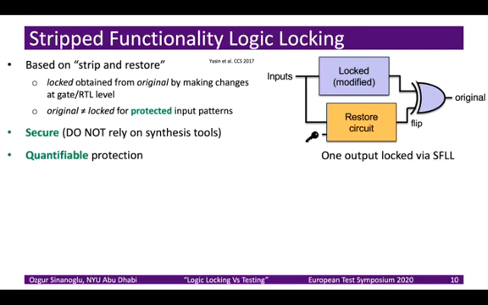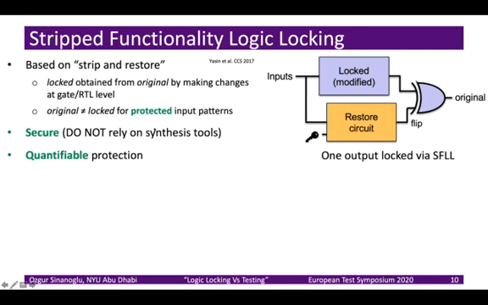So we had proposed strip functionality logic locking based on this concept a few years back. And as we described, the locked netlist is obtained from the original netlist by making some changes. And we defined what the protected input patterns are. The protected input patterns are where the locked netlist produces a different output compared to the original netlist.